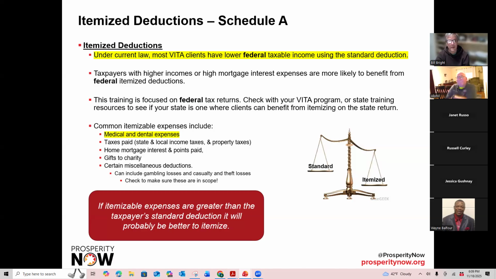It's very, very rare. Like it says here, taxpayers with higher incomes or high mortgage interest are more likely to benefit from federal itemized deductions. But the nature of our cohort is that they tend to be lower.